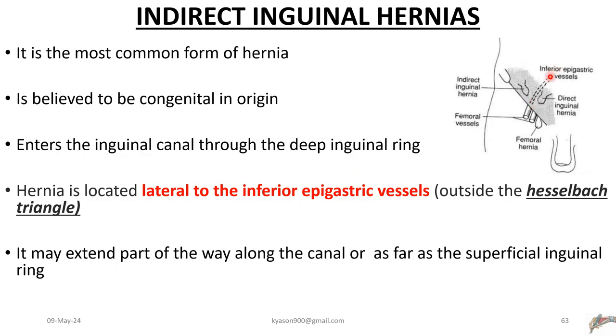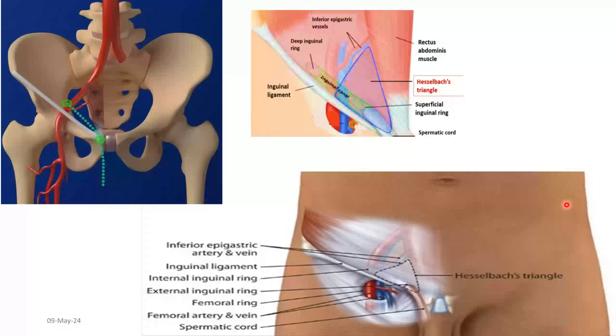These are the vessels, we have the artery and the vein, and our ring is lateral to that, and the hernia is going to be occurring through the ring. So that's why we are saying that this hernia is going to be located lateral to the inferior epigastric vessels, outside the Hesselbach's triangle. The Hesselbach's triangle, it's this triangle here.